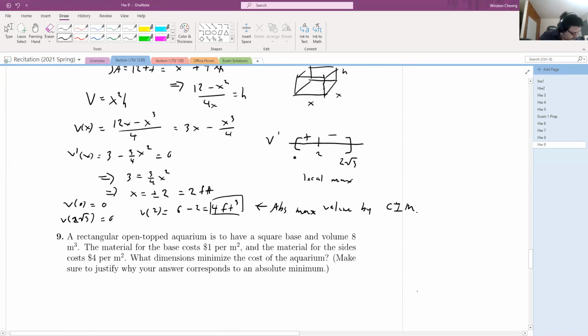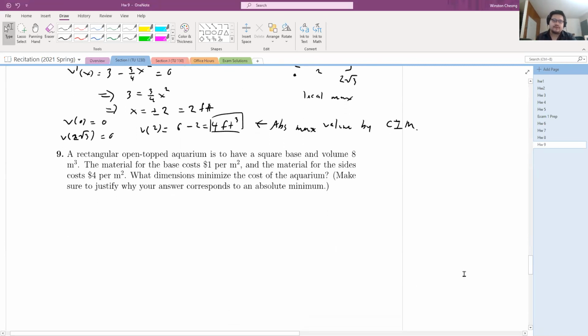Right. And so now you hopefully are pretty happy with the closed interval method, and we can use it again for 10, but for numbers 11 and 9, it's not possible. We have to use one of the other approaches.